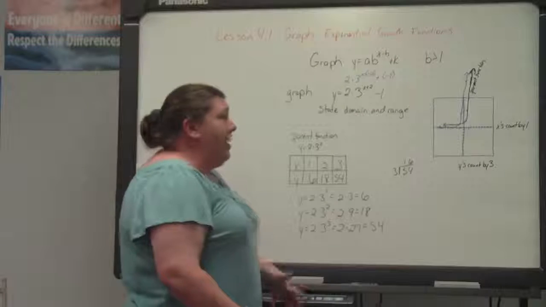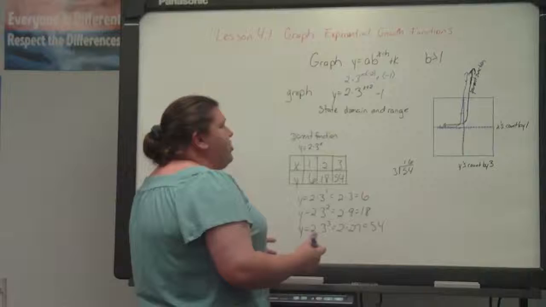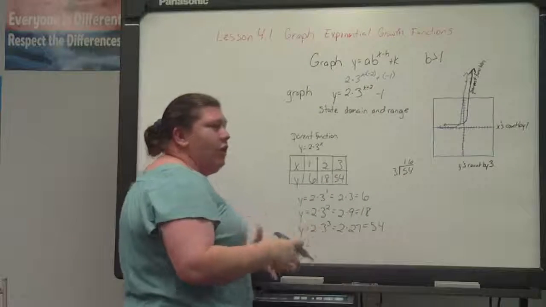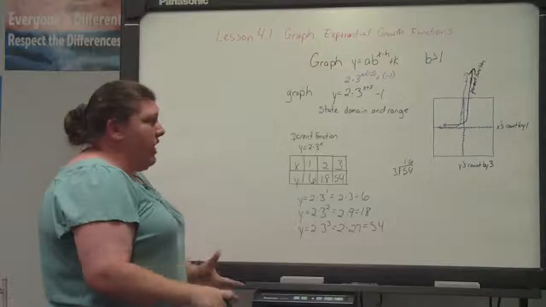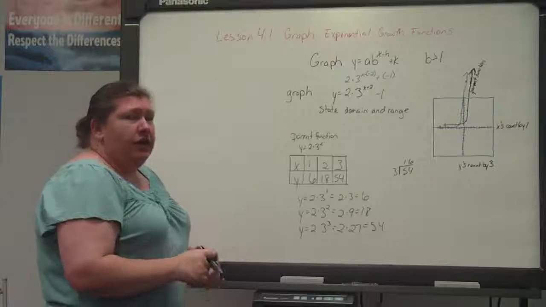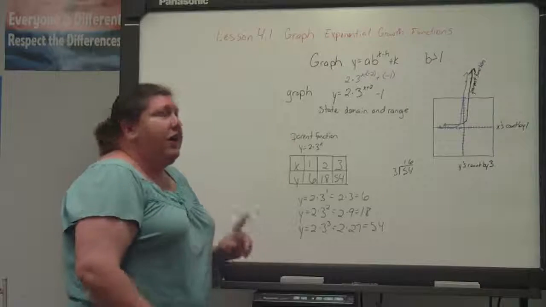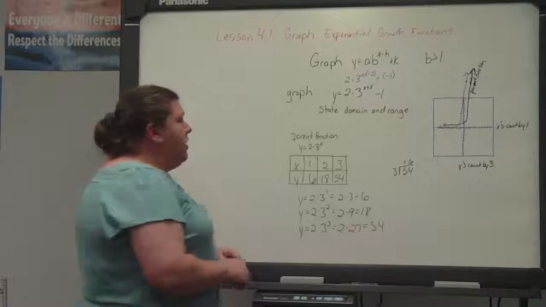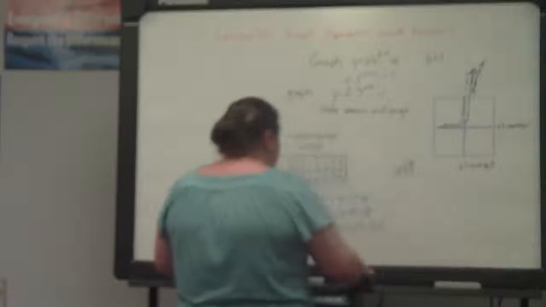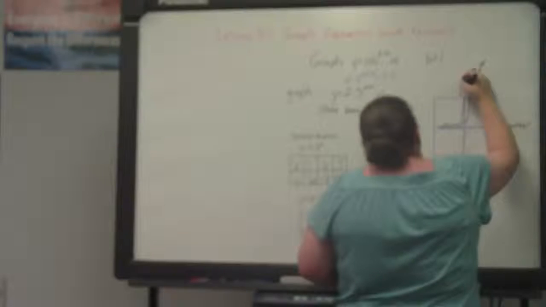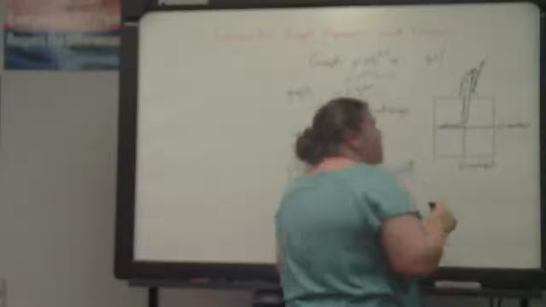If you put it in your calculator, you would have to make sure that your exponent, all of this, the x plus 2, stays in exponent form, because it will change what your graph looks like. And if you choose to do it in your calculator, you would not have to show your parent function unless they want you to compare it. So that's what the graph looks like. The blue is my 2 times 3 to the x plus 2 minus 1.